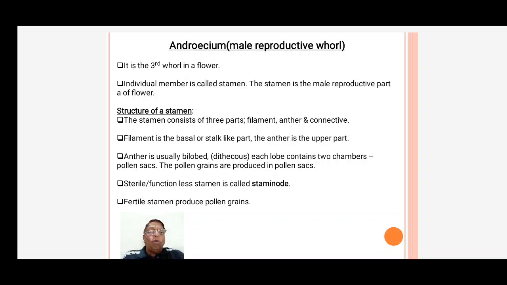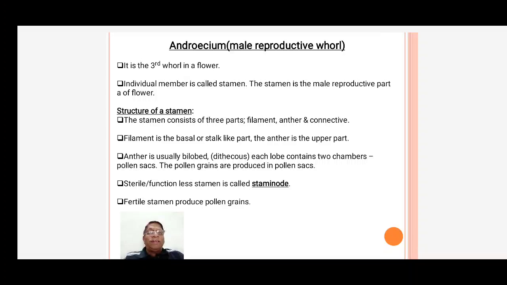Each anther lobe contains two chambers or pollen sacs. The pollen grains are produced in the pollen sacs or the chamber. The two anther lobes are connected by what is known as connective. So that's all about structure of stamen.